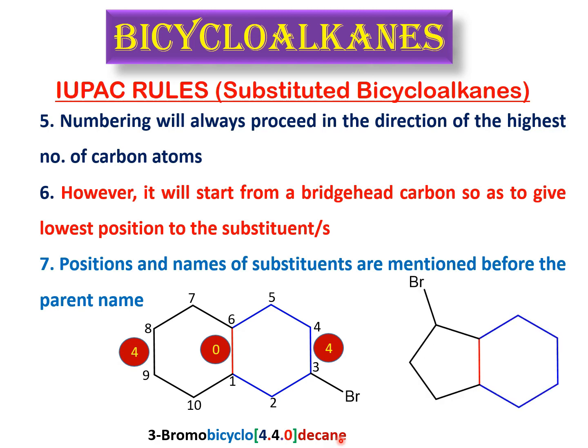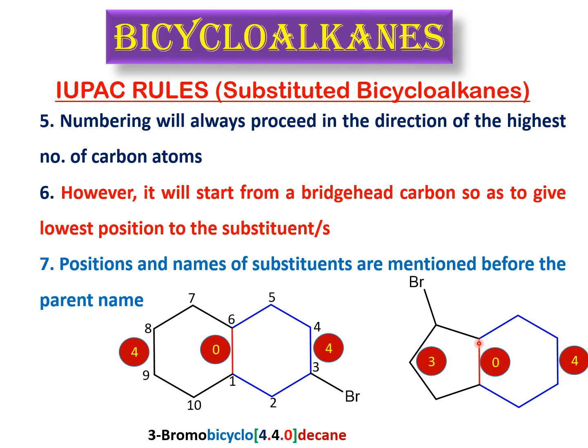Let's see another example. Again, we have a bicyclic molecule, but this time the rings are different. This side of the bridge has 4 carbon atoms, and this side of the bridge has 3 carbon atoms. So you can see here on the right hand side we have 4 carbons, on the left hand side we have 3 carbons, and in the center here we don't have any carbon atom.